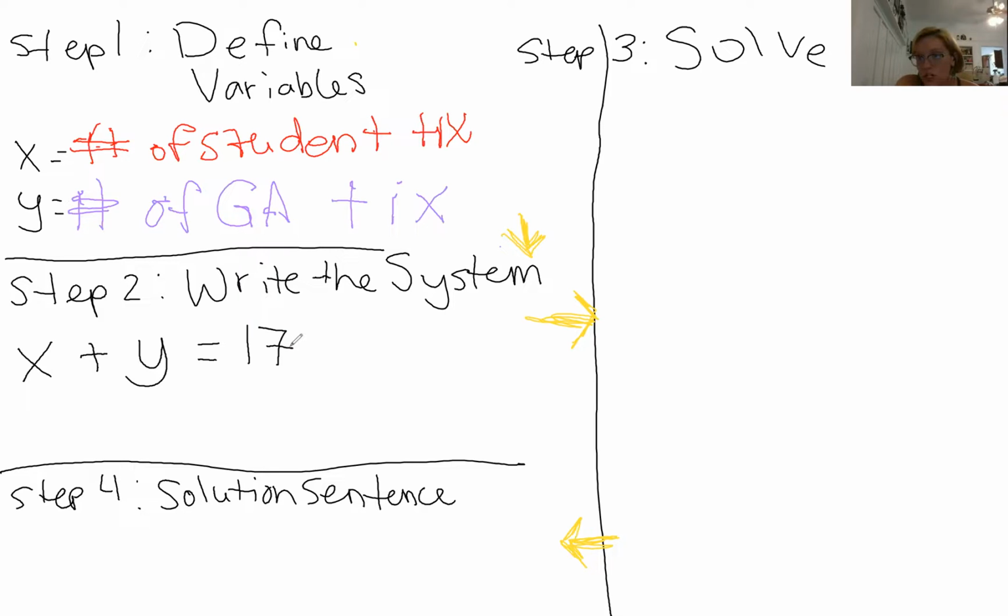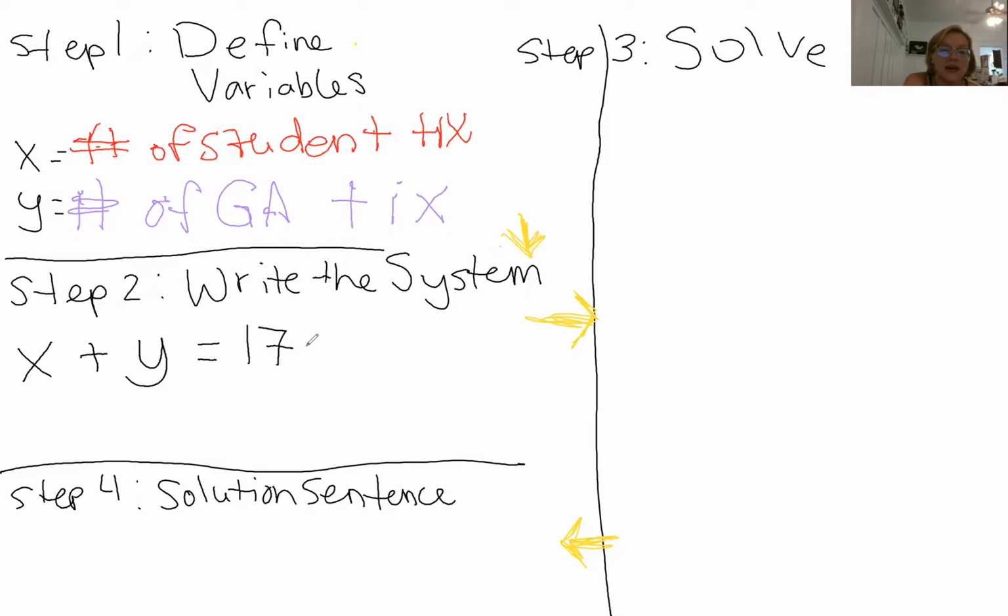We're going to write a second equation that talks about the money now. To find the total value of the money you got for student tickets, we have to take the number of student tickets and multiply by the cost of that ticket. So the number of student tickets, as far as we know, is X. But the cost of a student ticket is $2.